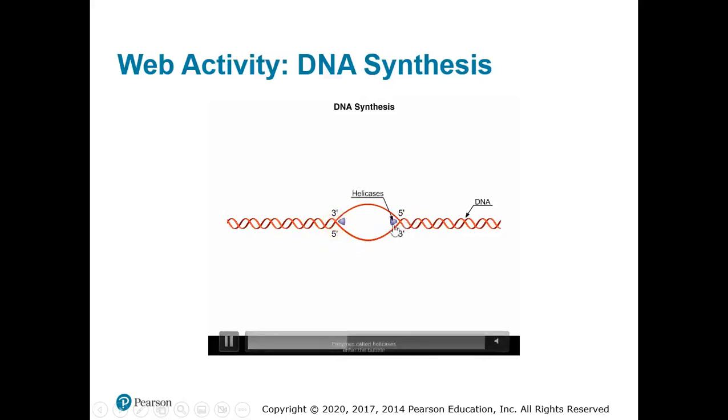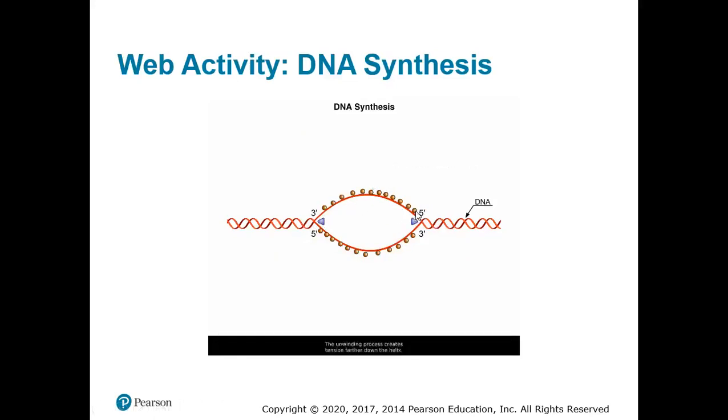So we have helicase that sits right in that fork, and what it's going to do is unwind our DNA. Okay, it's going to proceed in each direction, and it's going to grow that replication bubble in both directions. These are the single-stranded binding proteins. So these are the little things that are going to bind and hold open that replication bubble that we just formed.